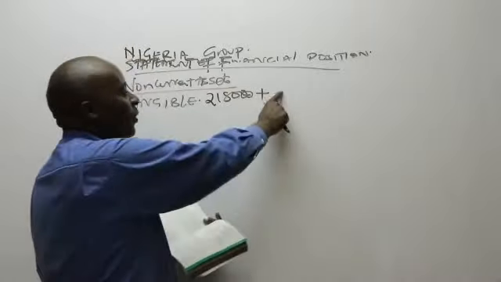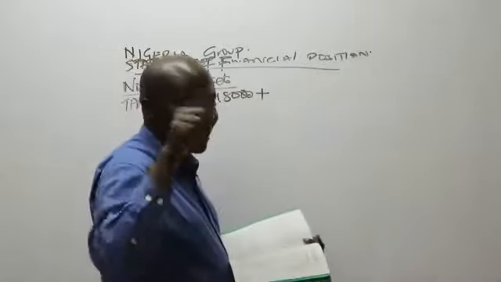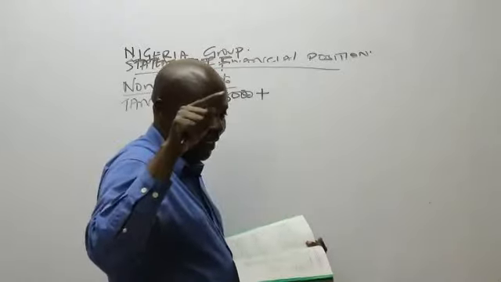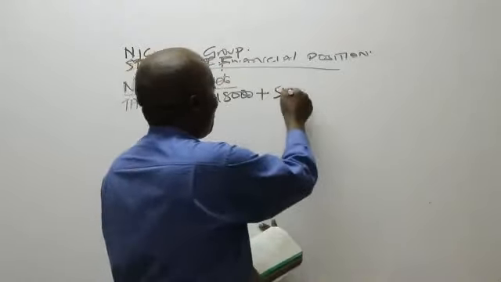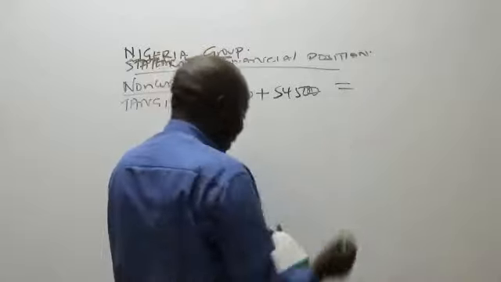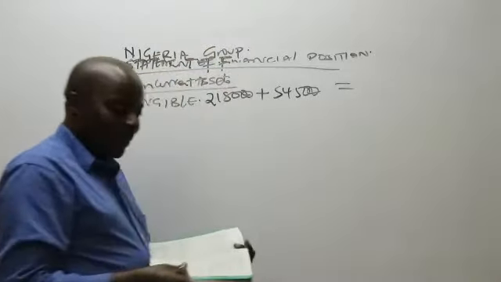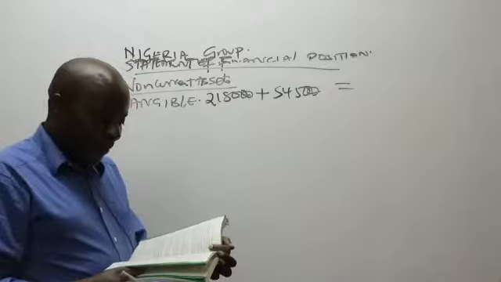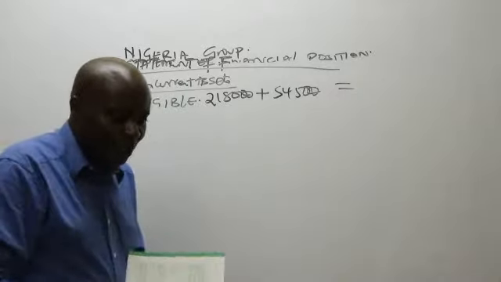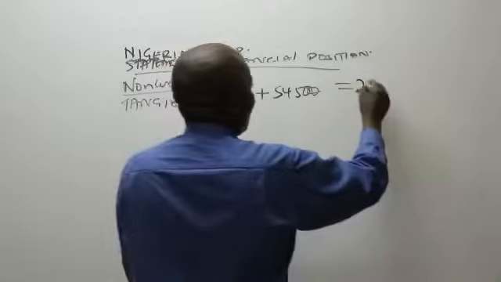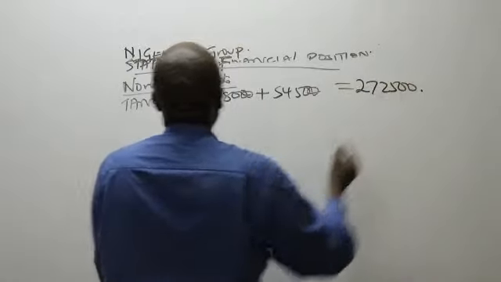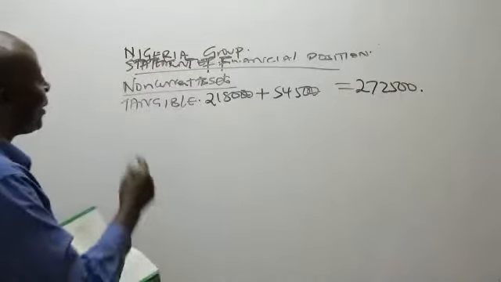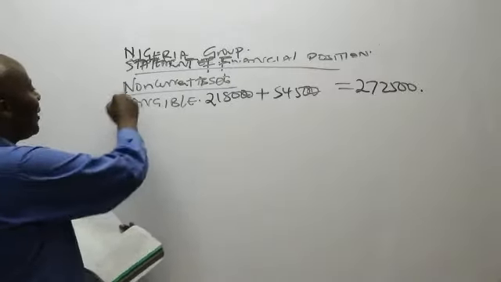Plus the one of the subsidiary, and fortunately, we had adjusted the one of the subsidiary for the fair valuation, so plus 54,500. What figure do we get here? It is 272,500.